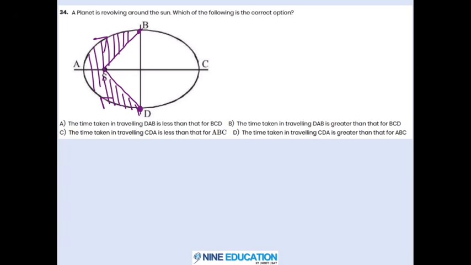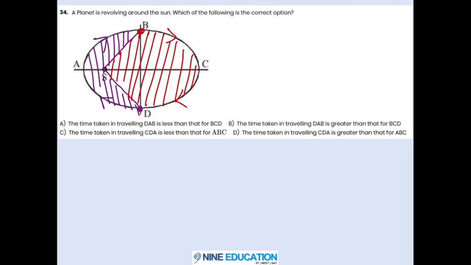Next, the planet is here and it moves to C and again to D. So what is the total area covered by the planet? The area covered by the radius vector, basically. So that area would be this.